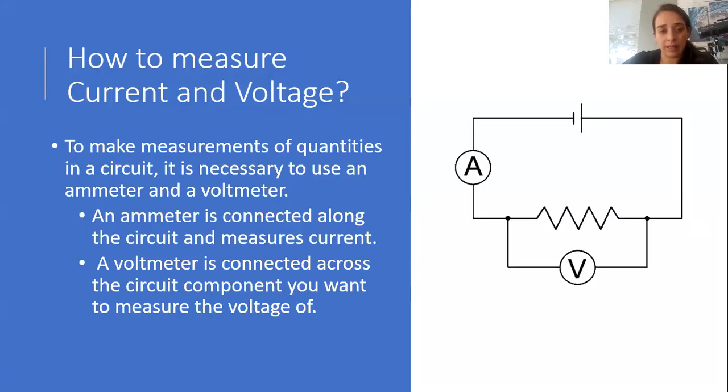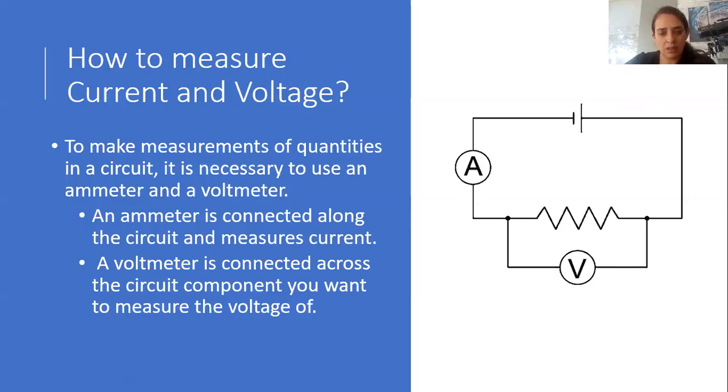When you are adding an ammeter into a circuit, you have to connect it directly in the loop within the circuit itself. See here, if you follow along from the battery through the resistor, then the loop goes through the ammeter. So that's how you would connect an ammeter.